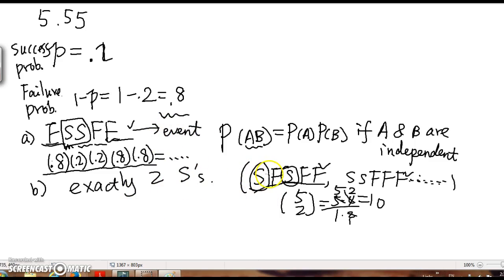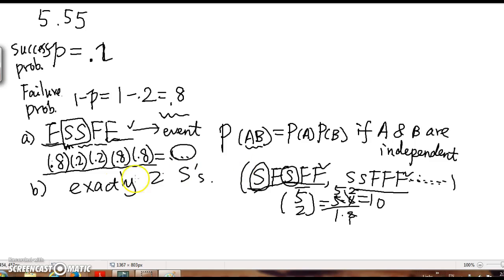But in part B, you don't know which 2 people. So you have to find the probability for each of the ways and add them together. For each of them we get an answer from here, and you will add all of them together, which is pretty much multiplied by 10.